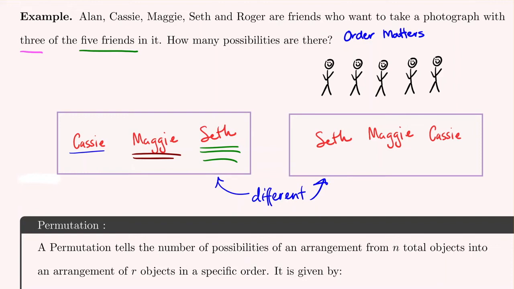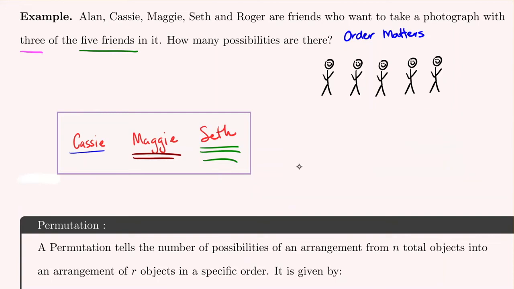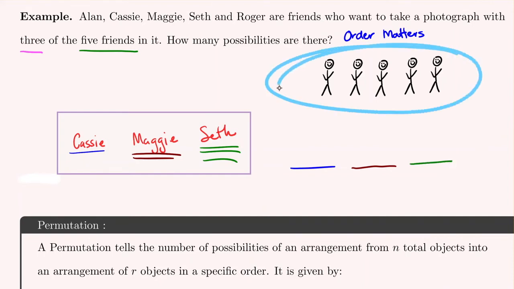So I can think of this problem as overall a process with 3 separate pieces. I need to figure out who's going to stand at the farthest left, who will stand at the middle, and who will stand at the farthest right or the third position. Now, as we had all 5 friends here, we need to pick one of them to go here. Now, at this time, how many friends are available? 5. So we have 5 options of who will take the first place.